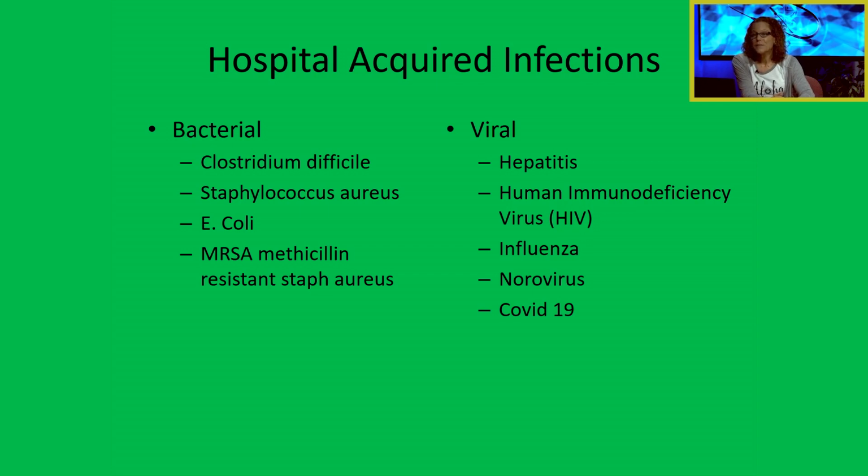But there are also viral infections that can happen in the hospital setting. Examples of these include hepatitis, HIV, influenza, norovirus, and COVID-19. These are all examples of viral infections.